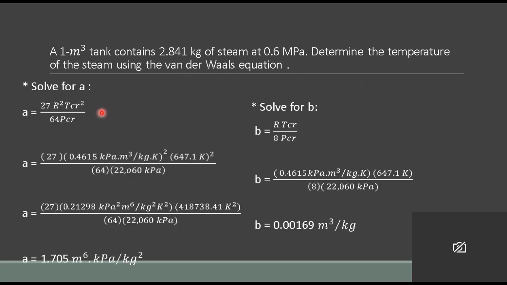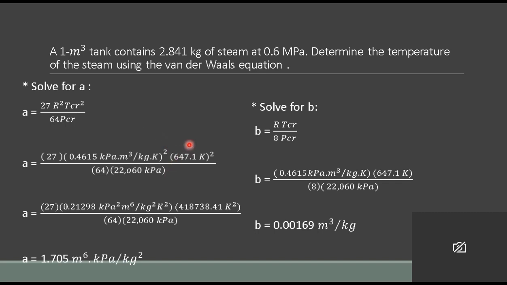Let's solve for A. The formula for A is 27 R squared T_CR squared over 64 P_CR, where R is the gas constant, T_CR is the critical temperature, and P_CR is the critical pressure.